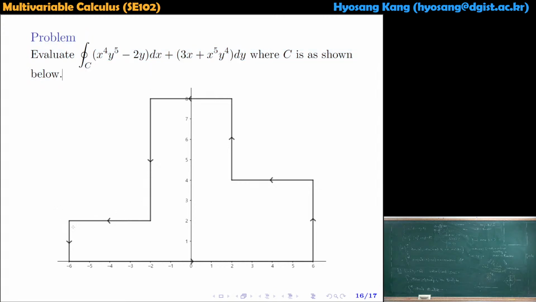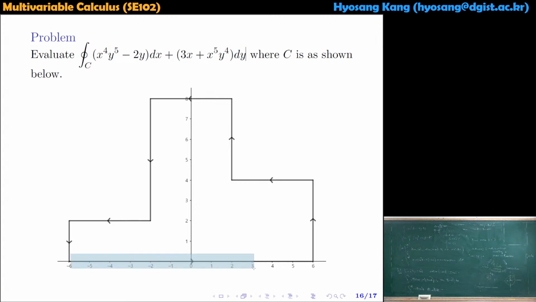But this kind of problem uses the notation of dx and dy of the line integral very efficiently. So when you have this kind of line, a left-to-right straight line, then y is fixed along this curve, so you have no dy term.